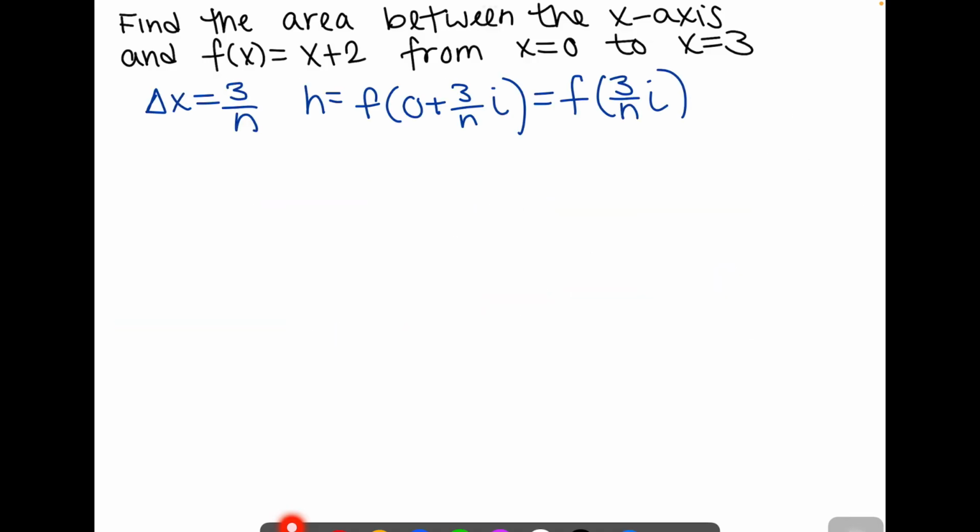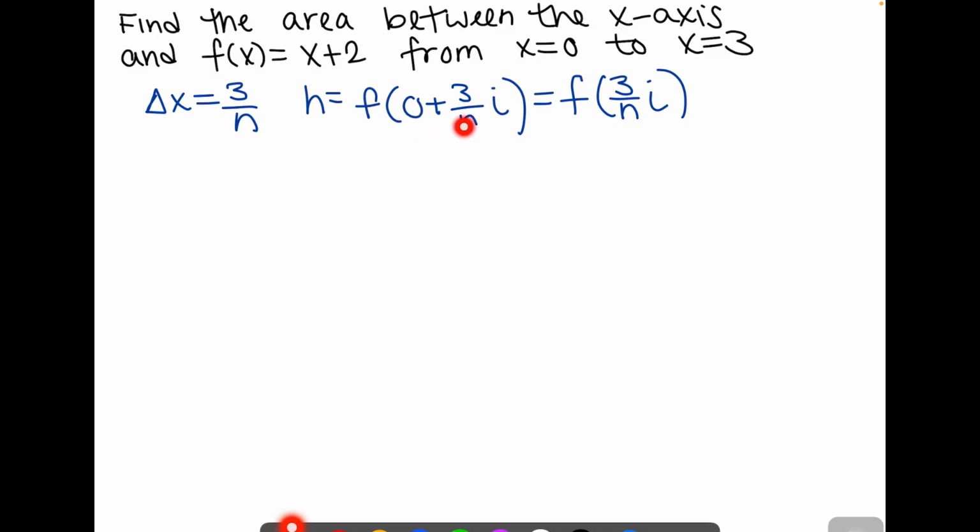All right, height of my rectangles with right endpoints is going to be f of a, my starting point, which was x equals 0, plus my width times i, where i is an integer starting at 1, going up to our number of rectangles.